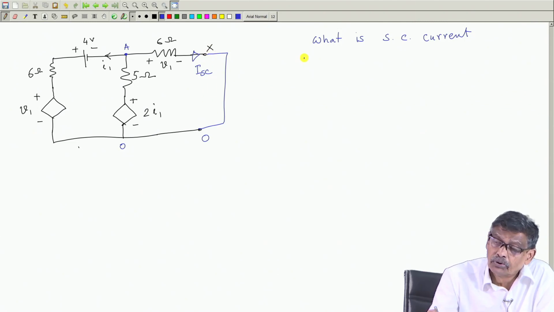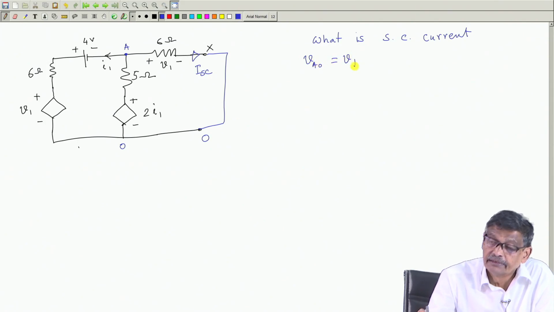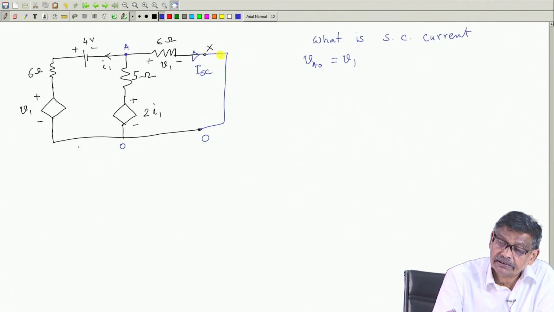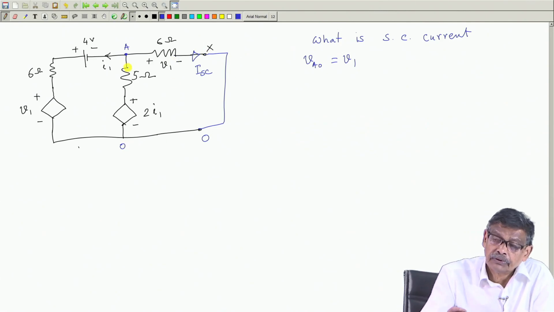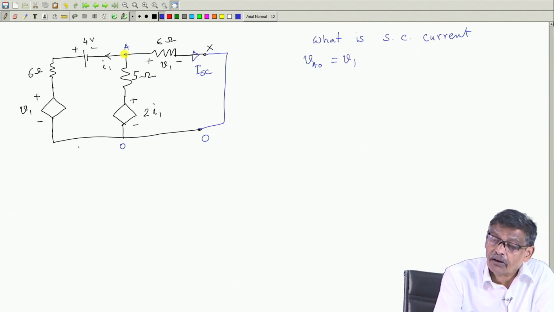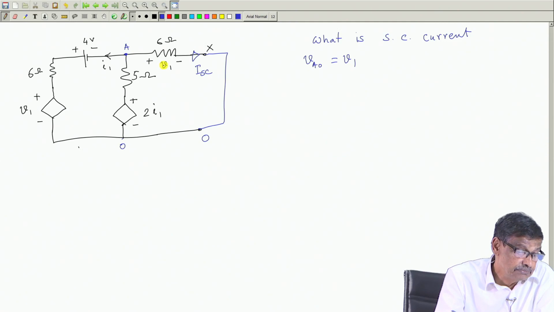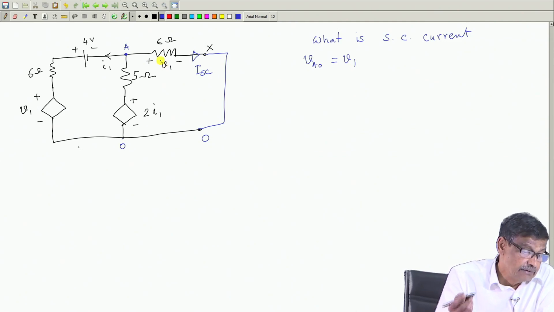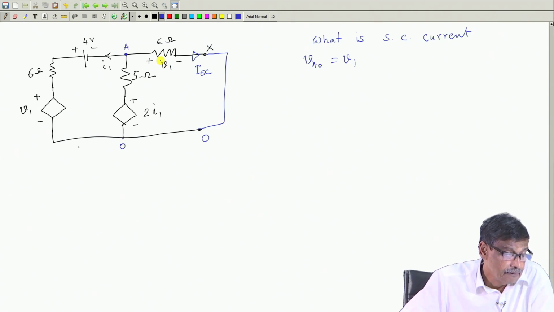So, first thing you note that V A O has to be equal to V 1 itself, because this point is now same as this point. So, the potential of this node with respect to this point is nothing but V 1 itself. Clear?